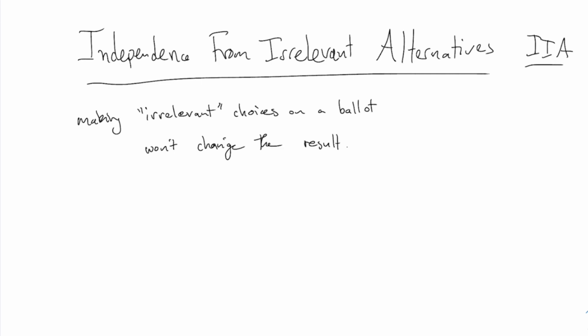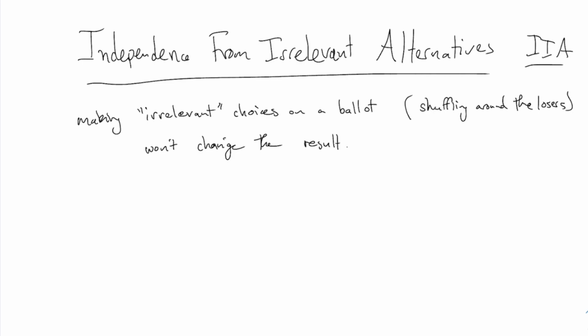By irrelevant choices on a ballot, I mean something like shuffling around the losers. I'm going to be more specific about precisely what I mean by this, but the idea is if somebody changes their mind in a way which really has nothing to do with who won, they're just moving the losers around, then that shouldn't affect the results of the election. That's the idea behind the IIA.